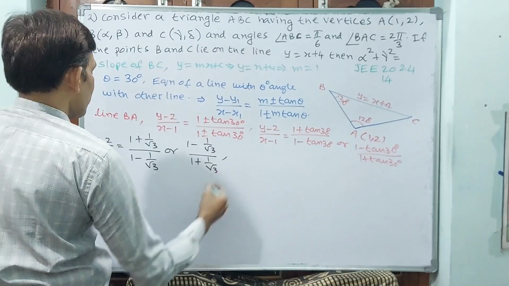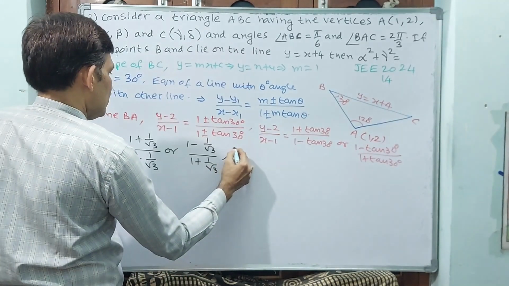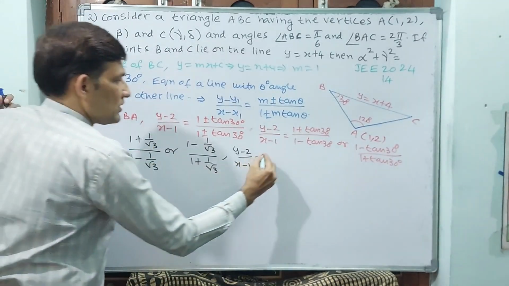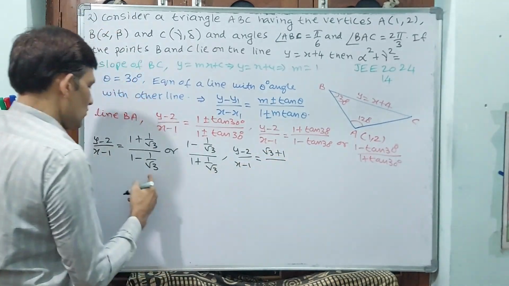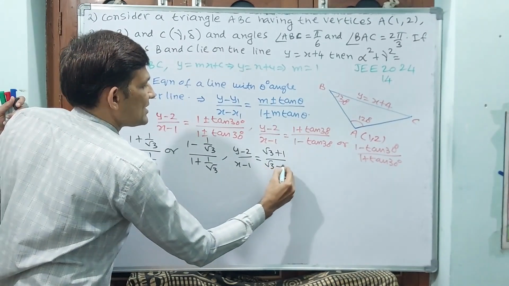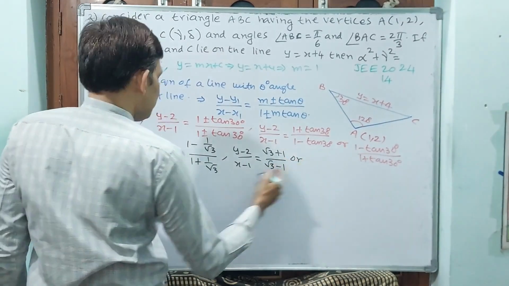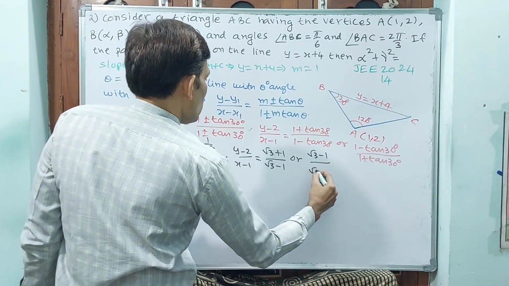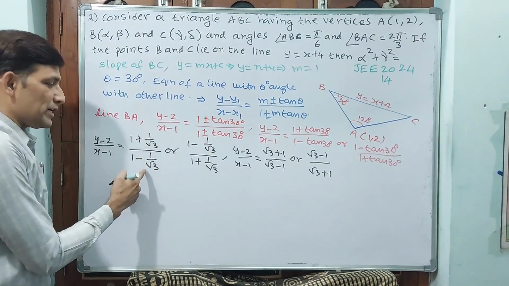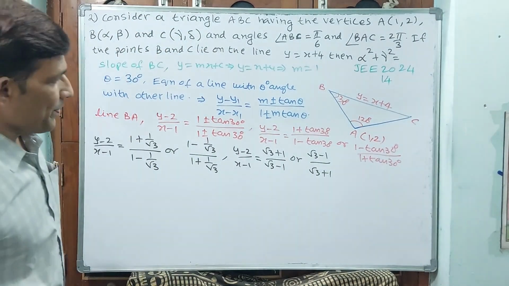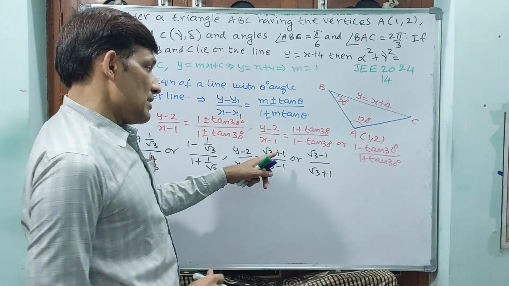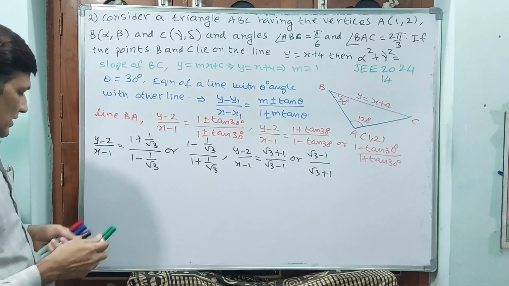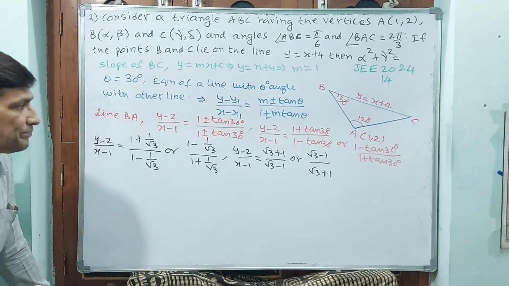Again, (y minus 2) by (x minus 1) is equal to (root 3 plus 1) by (root 3 minus 1), or (root 3 minus 1) by (root 3 plus 1). See, divided by root 3, divided by root 3 got cancelled, as you think. Here you have to do separate rationalization.